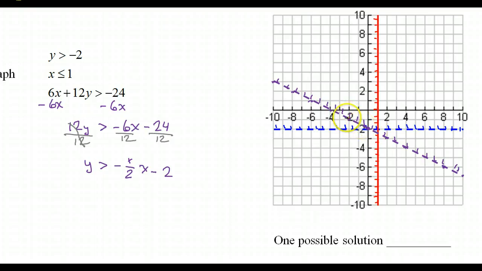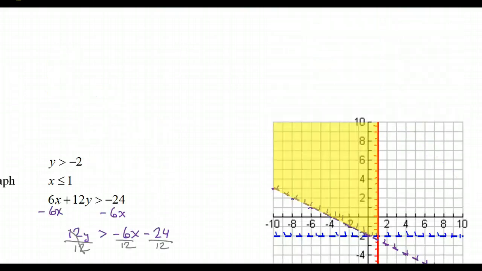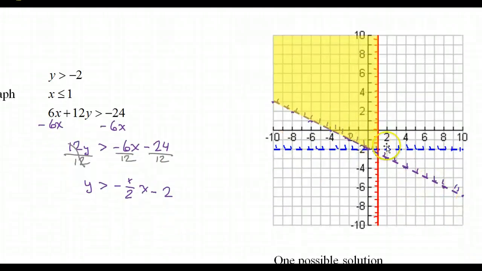Okay, so looking at the feasible region now for the shading, that should be this whole area in here. So this would be the feasible region. Make sure you don't go below that little blue part here into the corner. You've got to stay above the blue line. I know you can barely tell.